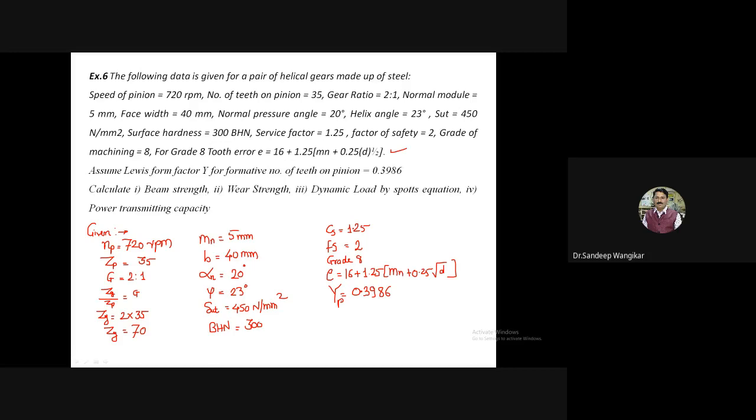So we will calculate the Z dash P and whatever the number is, we will assume that Y value as 0.3986, because it is clearly mentioned that Y value for pinion is given. What is asked, what is given, and what we have to calculate.